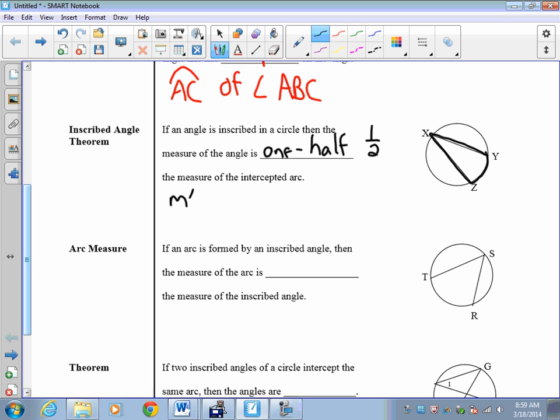We have the measure of angle YXZ is equal to 1/2 the measure of arc YZ. One way you can remember this is the maximum length for an angle is 180 degrees. The maximum length for an arc is 360. So that kind of makes sense where that 1/2 comes from.